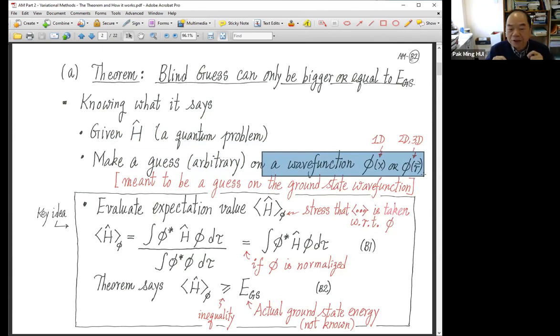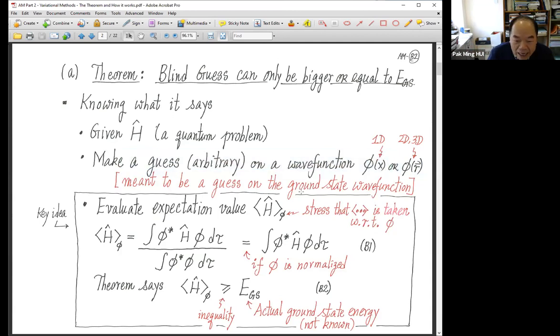So this guess obviously requires some sense, some physical sense or quantum sense. So given a problem, you have to guess at what the ground state wave function should look like. Of course, we don't know the exact one. Otherwise, we don't need approximation. So the theorem says, just guess something arbitrary that you think may be good.